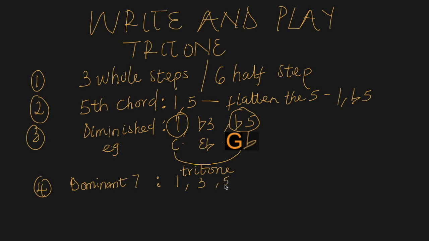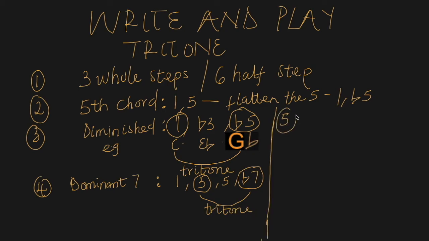For example, in the key of C, the C, the E, the G, and the B flat is the dominant chord. If I remove the C and the G, I'm left with the E and the B flat. That is the Triton.